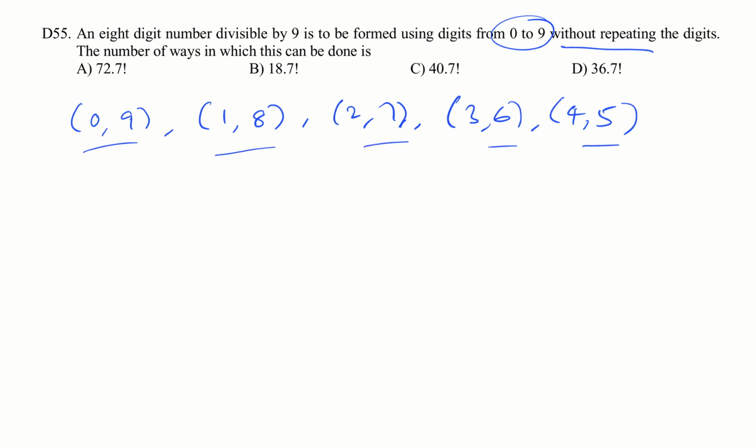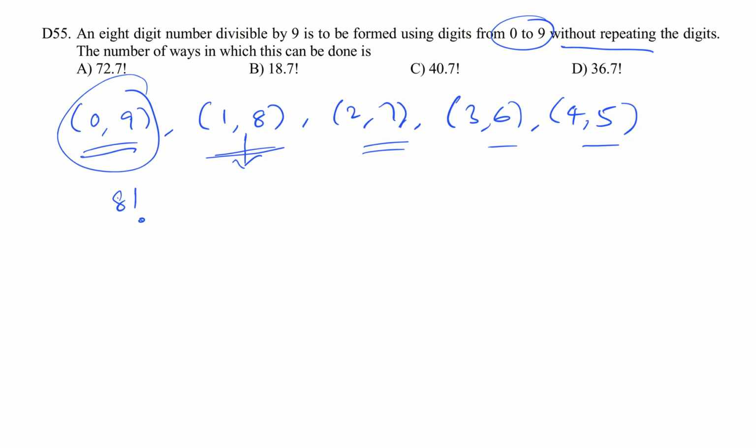So the required number should be formed with the 8 digits that you get when you leave a pair. Now, if I leave the pair 0 and 9, the remaining 8 digits I can arrange in 8 factorial ways. If I leave 1 and 8, then among the 8 digits 0 will be there, which I cannot write in the leading place.